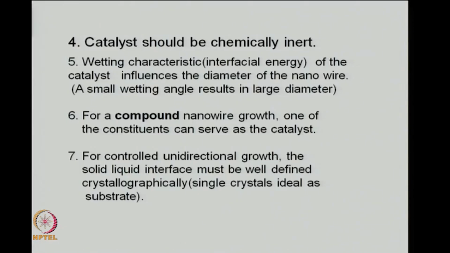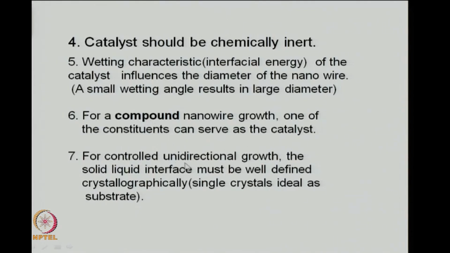But if you are going to grow a compound nanowire, then one of the two or three elements which form the compound can itself act as a catalyst. So, that is what is mentioned here: for compound nanowire growth, one of the constituents can serve as the catalyst.